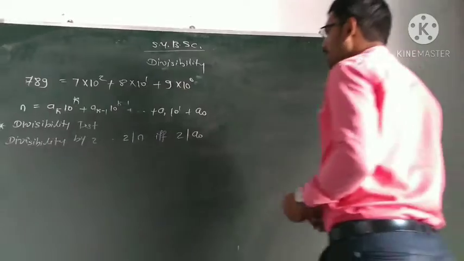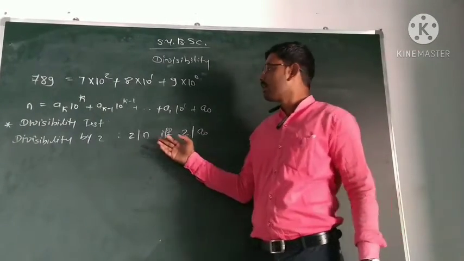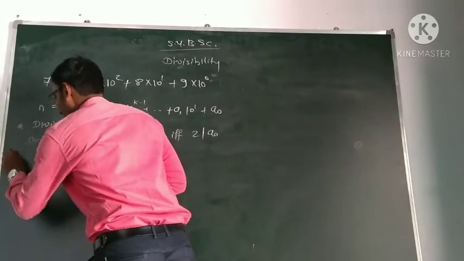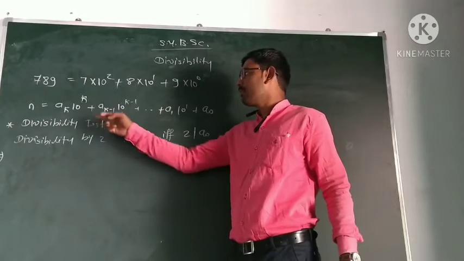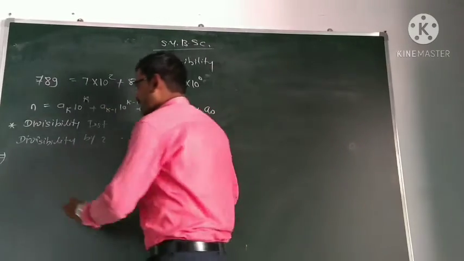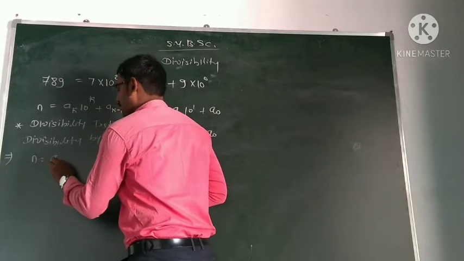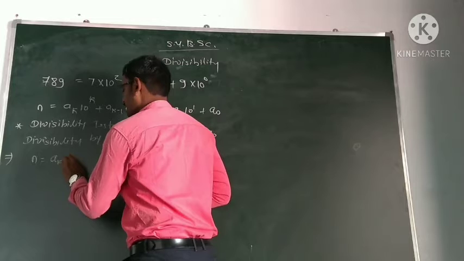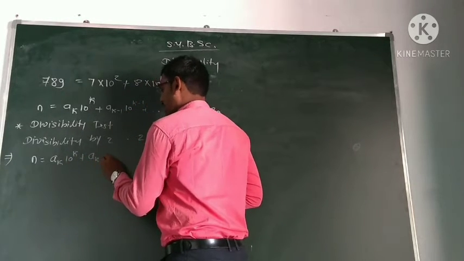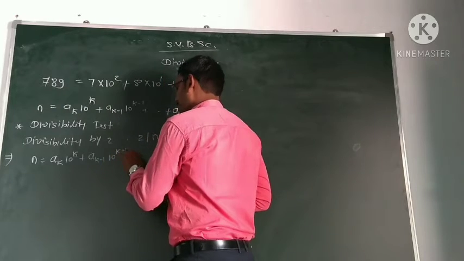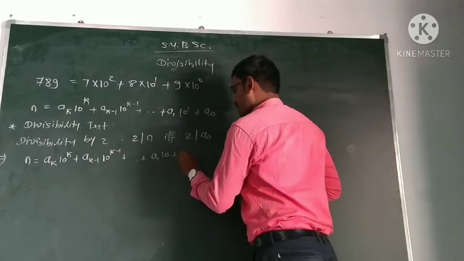Now the proof, very simple. We know any natural number or any integer n can be written as ak 10 to the power k plus ak minus 1 10 to the power k minus 1, up to a1 10 plus a0.